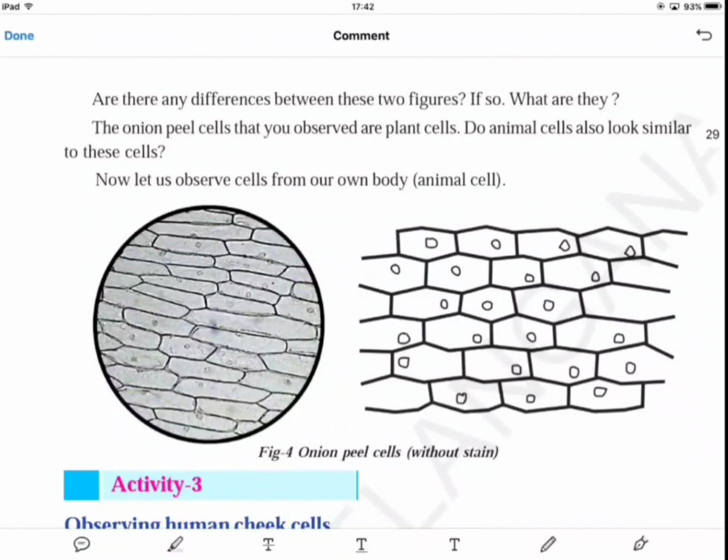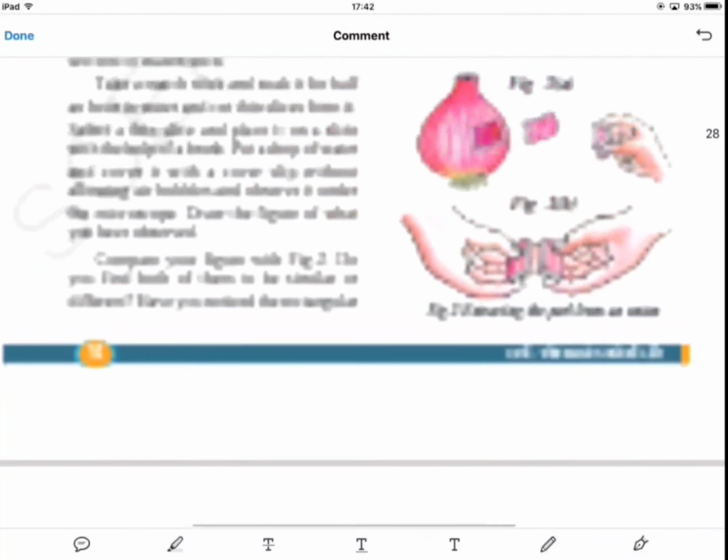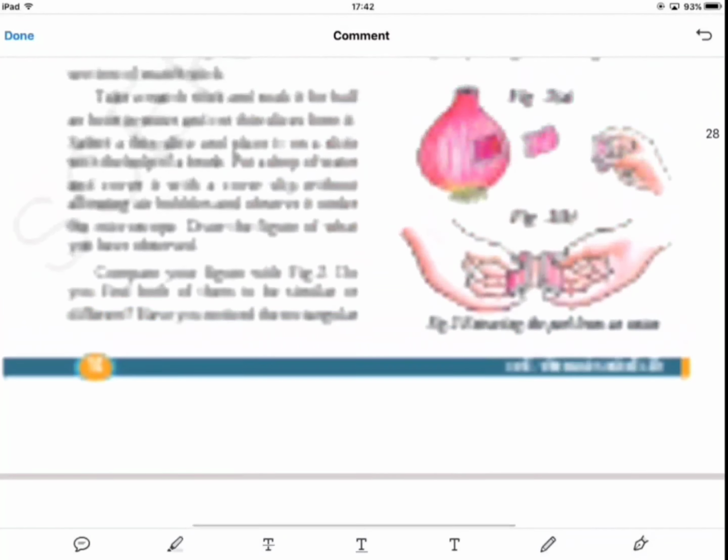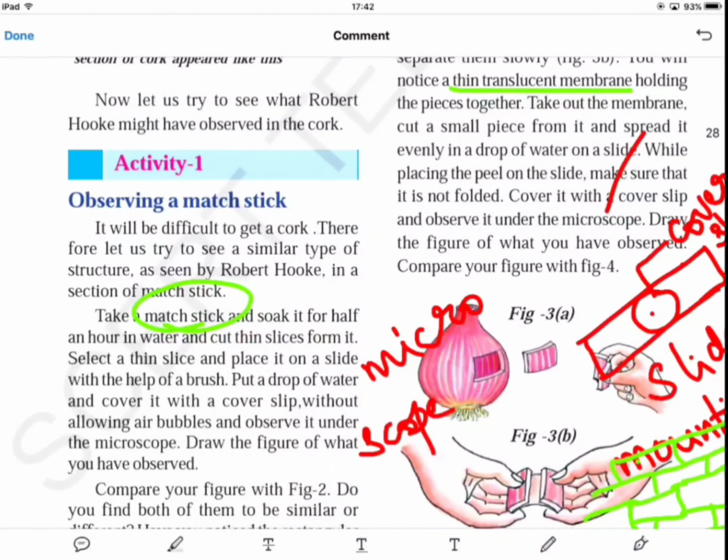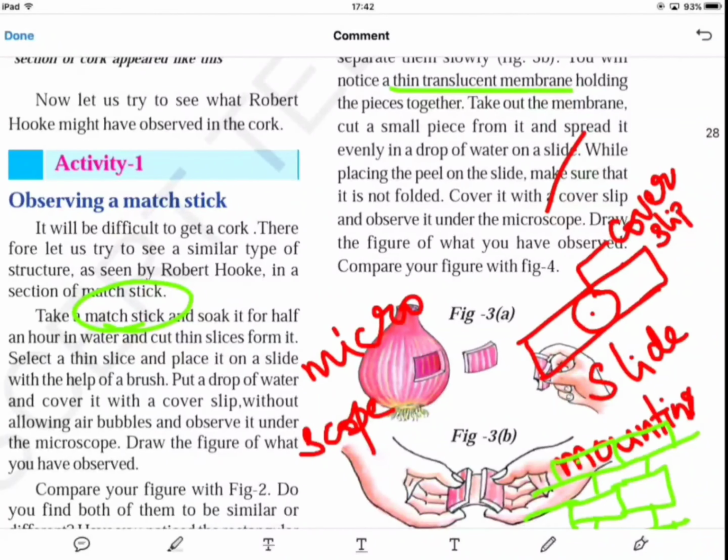So in order to observe them very clearly, we use certain colors in the laboratory. Here we use safranin, which is pink in color.